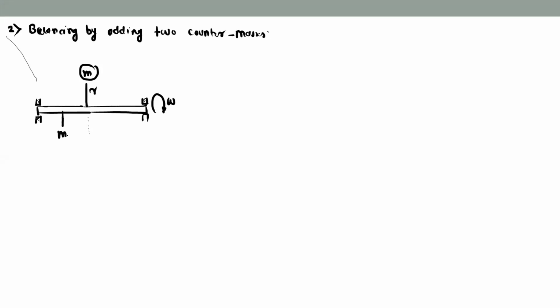So this is the first mass, so we will take this mb1, and here we will add another mass, which is mb2.